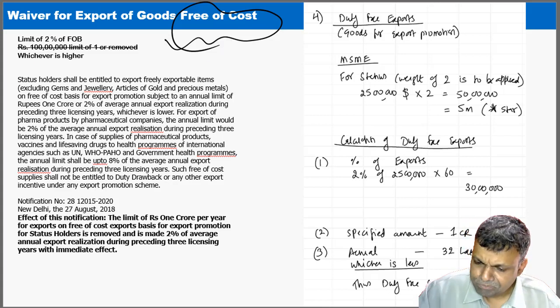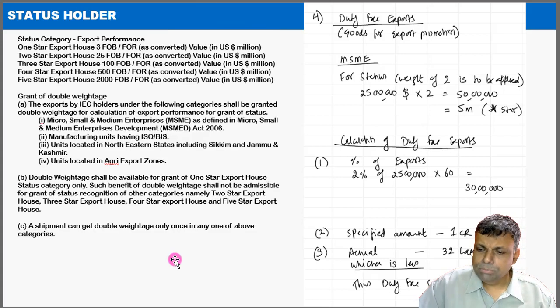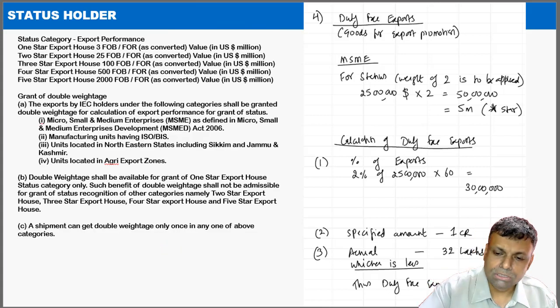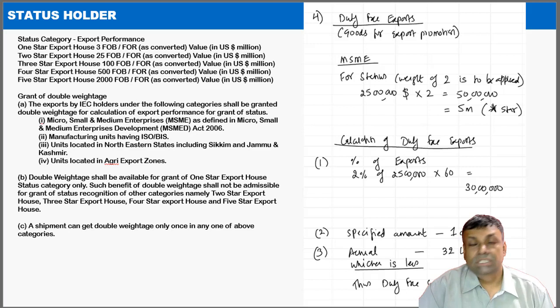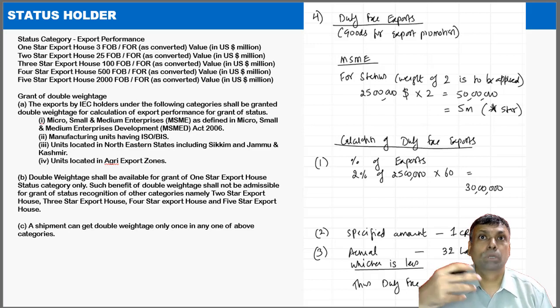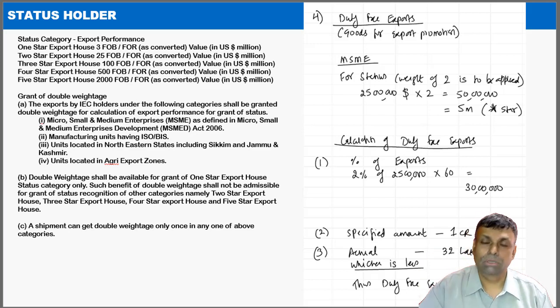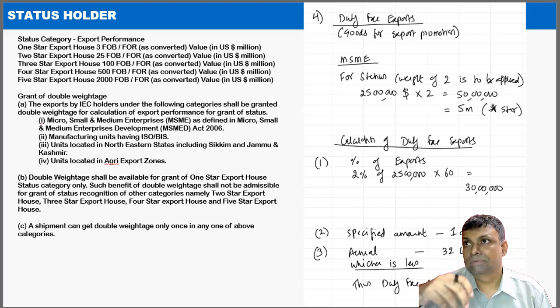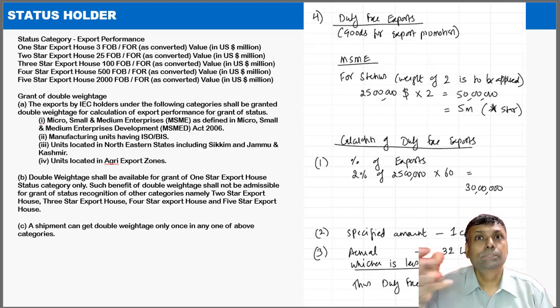Now, in this particular situation, first of all, there is one concept of a status holder. A status holder is basically a person who has given the minimum annual export performance historically. This benefit of export free of cost is permitted only to the status holder. That is one of the points.